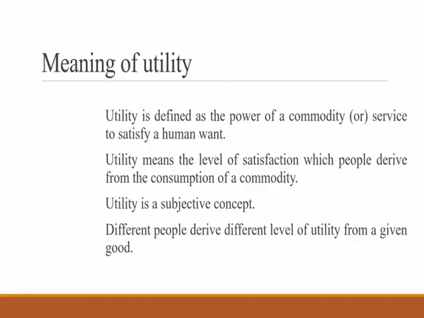So utility is a subjective concept and different people derive different levels of utility from a given good. We all know that whenever we use a commodity, even the same commodity, for example an apple, one person may derive more satisfaction than another person.